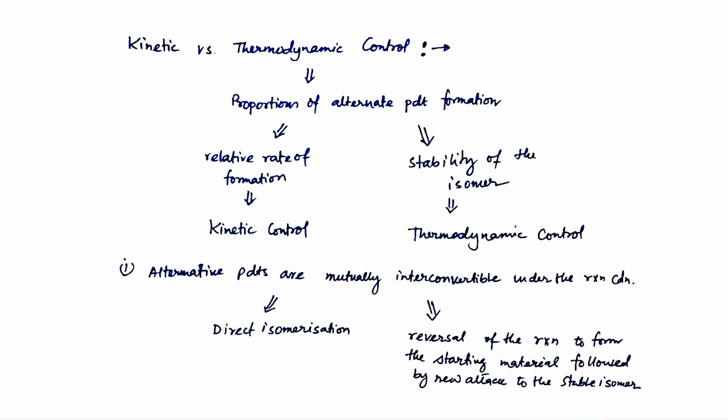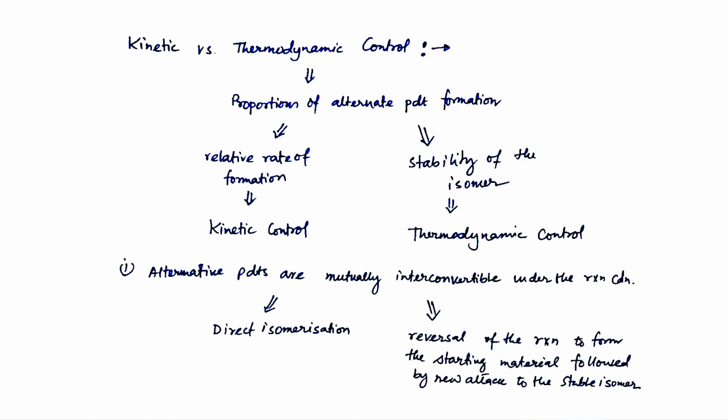In several reactions, you will see that there can be an alternate product. Maybe there is a choice or possibility of formation of two different products. In those kinds of cases, this thermodynamic versus kinetic factor comes in. In one case, you see one product.